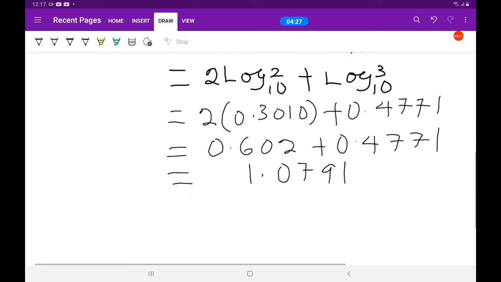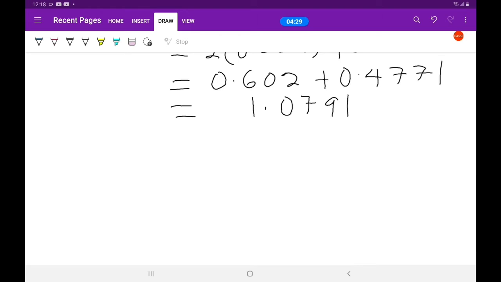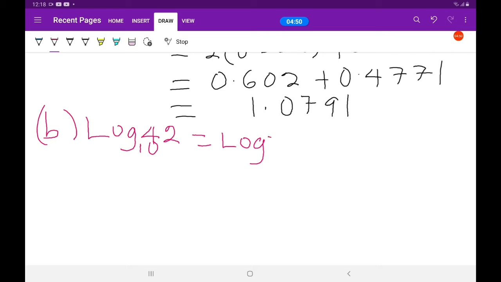Now, what does question B say? Question B says we should evaluate log 42. Start thinking of the two numbers we are going to use for 42. Very good. That will give us log 7 times 6 to base 10.